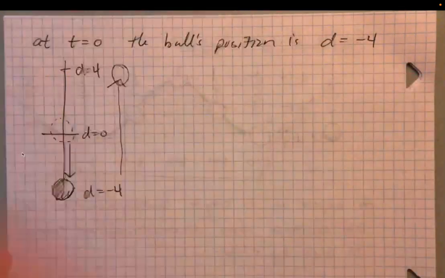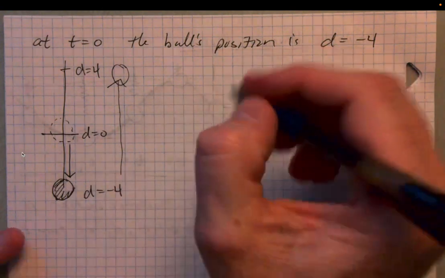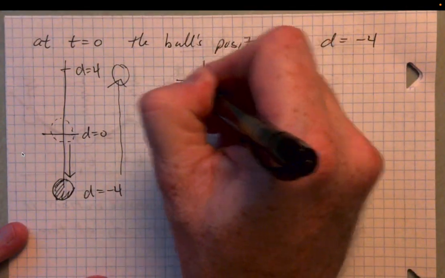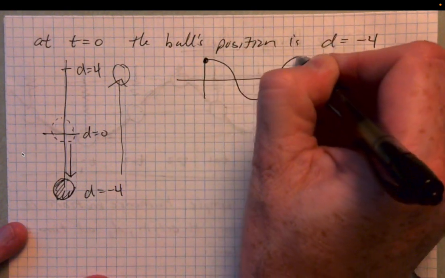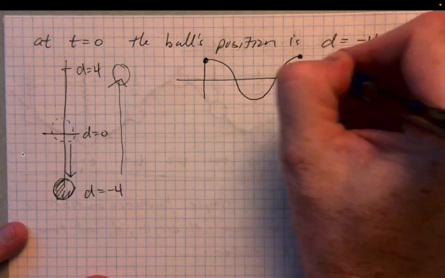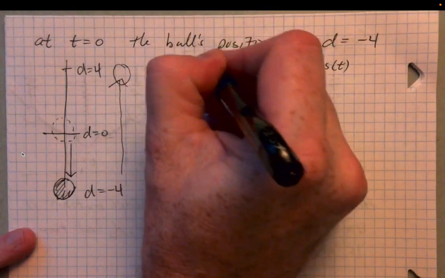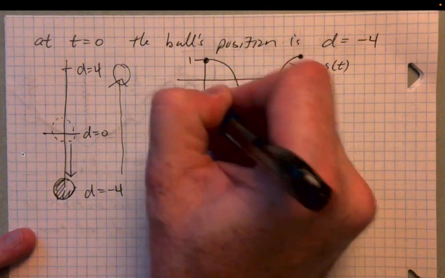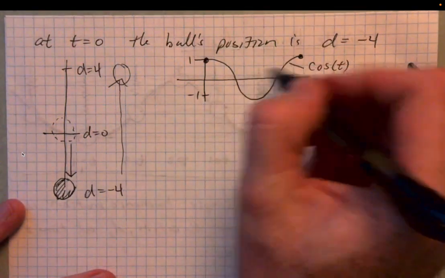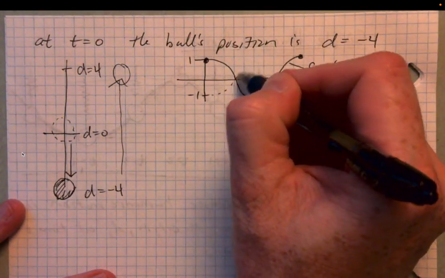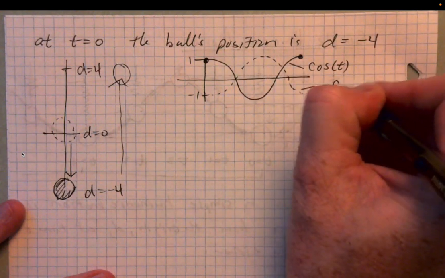We could use cosine or sine, but what's nice, if you remember what the cosine function looks like, is that it starts up here at the top and goes like this. This is the cosine, and this is +1, and down here is -1. But it's very simple to flip the cosine function to start at the bottom by writing it as negative cos t.